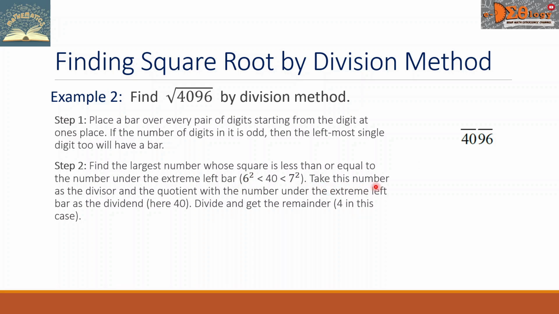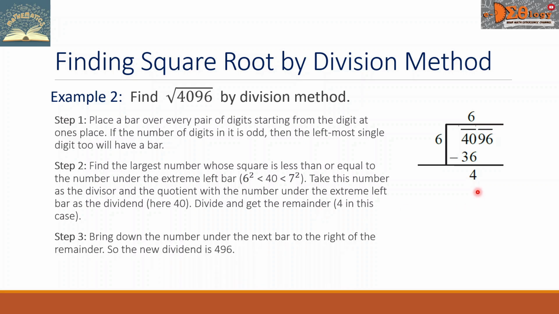We take this number 6 as the divisor and the quotient, with the number under the extreme left bar as the dividend, here 40. So we divide 40 by 6. We will get 6. 6 times 6 is 36. Then when we subtract, we get the number 4. The remainder is 4.